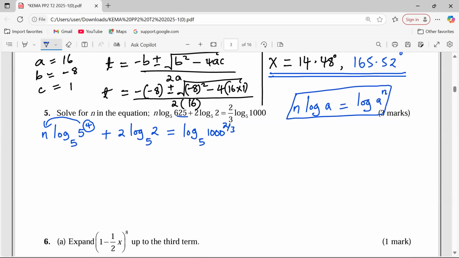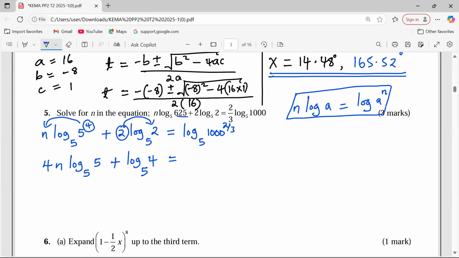So that we have 4n log of 5 to base 5, plus, I can apply the same law here, whereby this becomes 4 because of log of 2 power 2, because 2 becomes a power here. I have applied the law interchangeably in the first two terms.